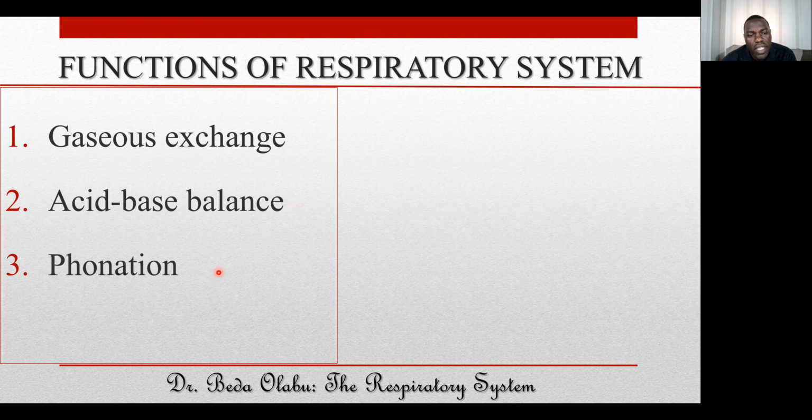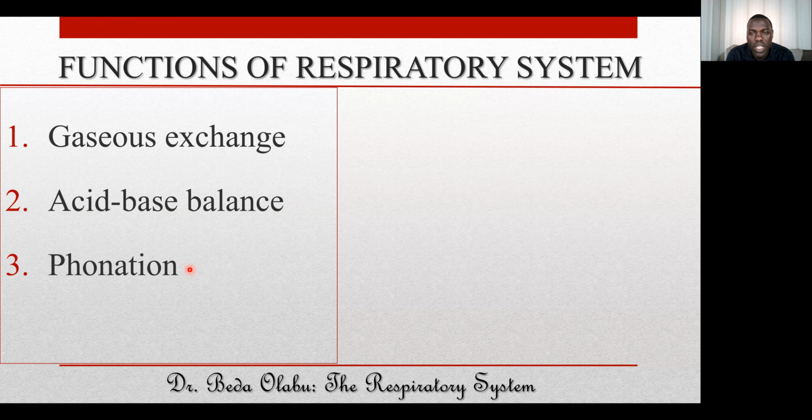All right, the third function of the respiratory system is phonation. Phonation comes from the word phon, and it simply means speech. We use our respiratory system for talking, basically. Specifically, we use the voice box, which we call the larynx, in production of sound.